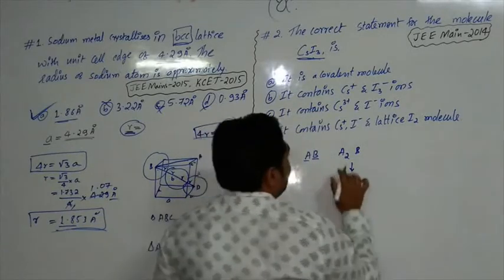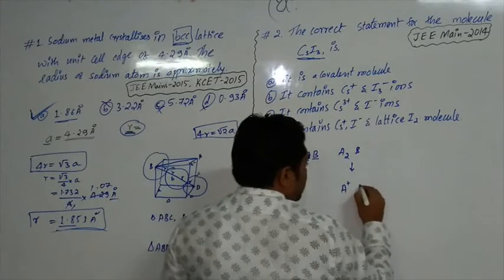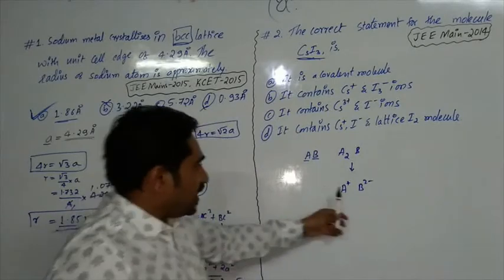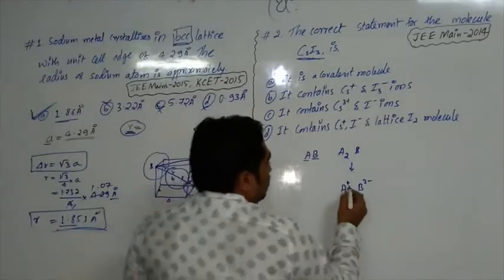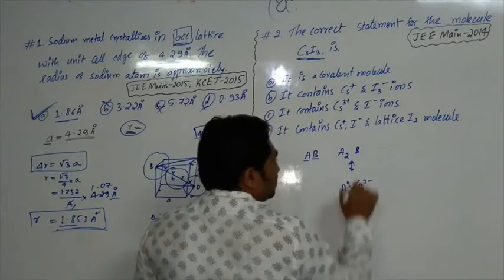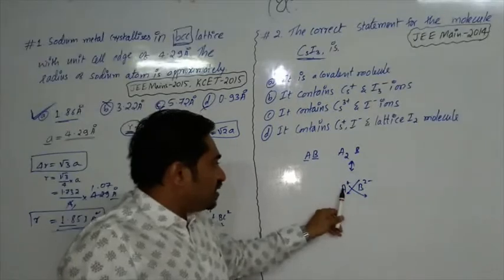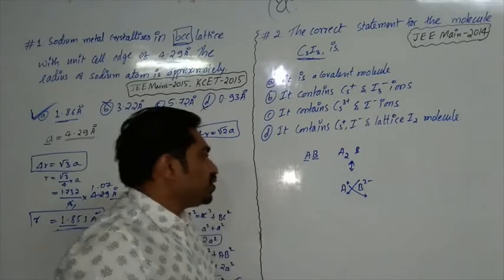If I expand this, the charge of this ion is +1 and the charge of this ion is -2, isn't it? So this is our ionic compound. The charge of the cation is 1 because on cross multiplying I get this formula. The charge on cation is +1, the charge on anion is -2.